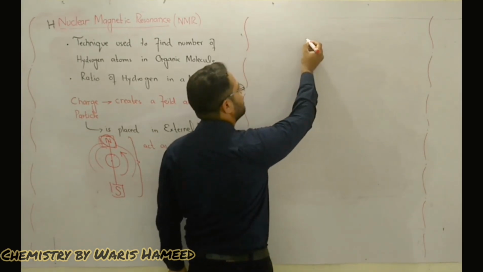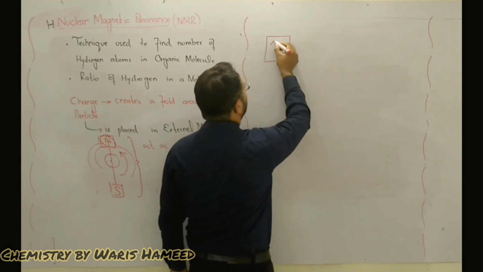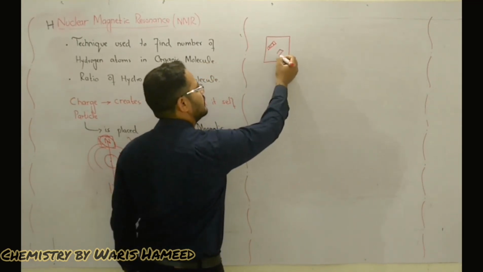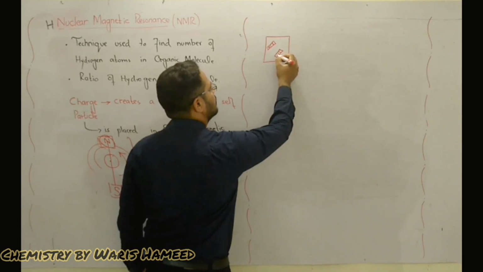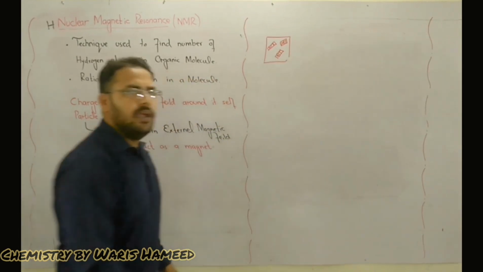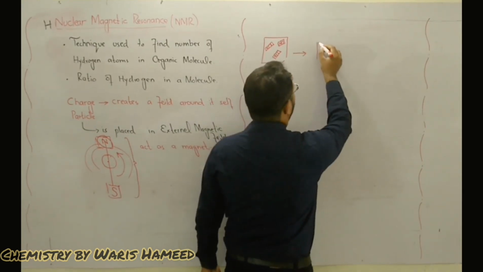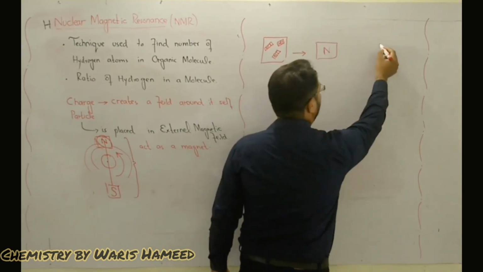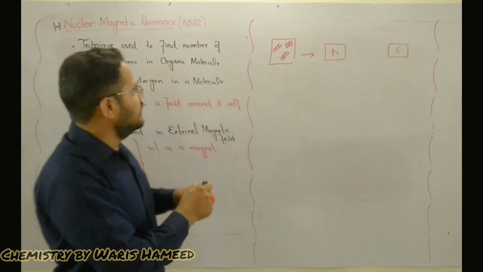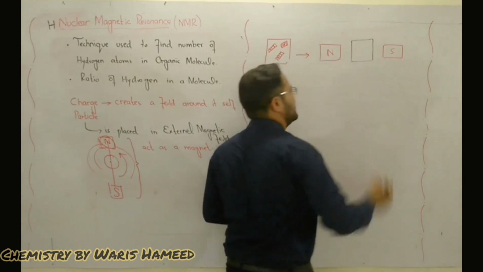If these are molecules in a container, this is a molecule having north and south pole, another is south and north pole, another is north and south pole, and if we apply an external field on this system, here is the north pole and here is the south pole, and we place that container in between the field. Here there are two possibilities.